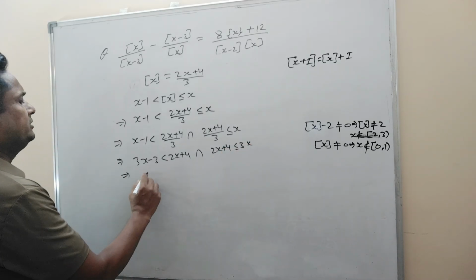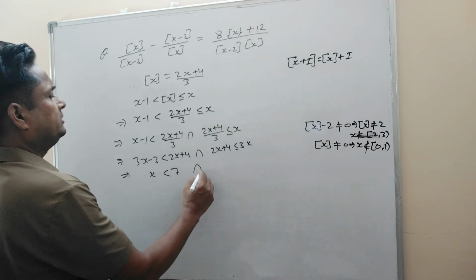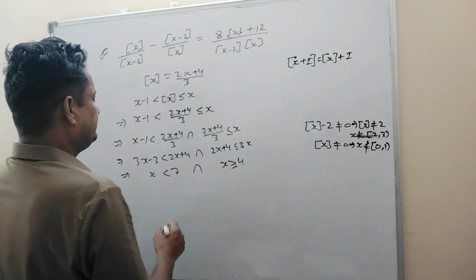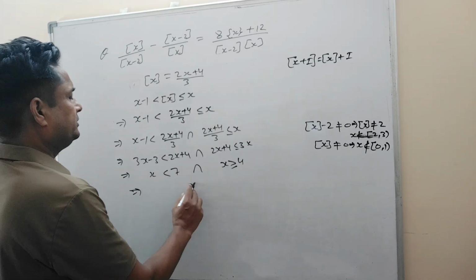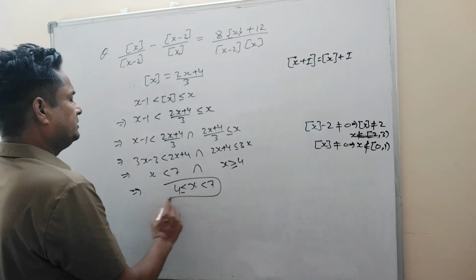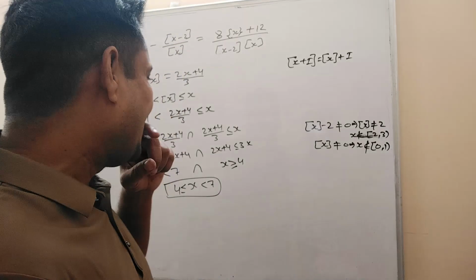So this can be written as x is less than 7, intersection x is greater than or equal to 4. If you take the intersection you will get 4 to 7. So this is the expected interval in which the solution can lie.